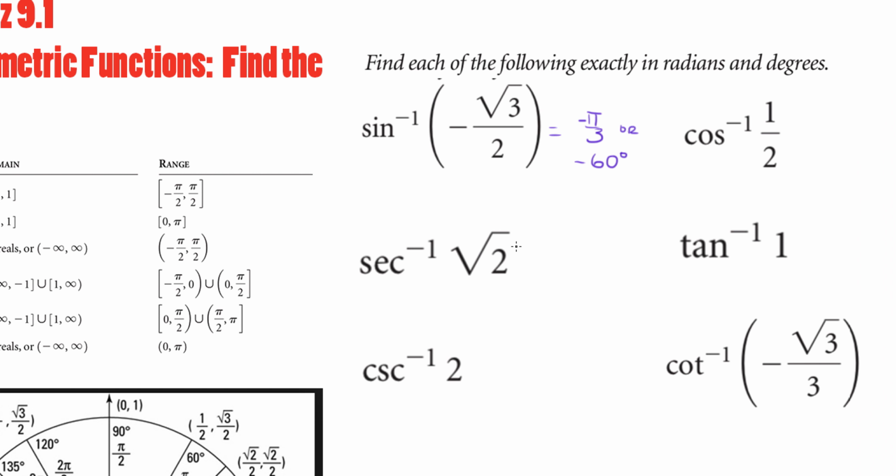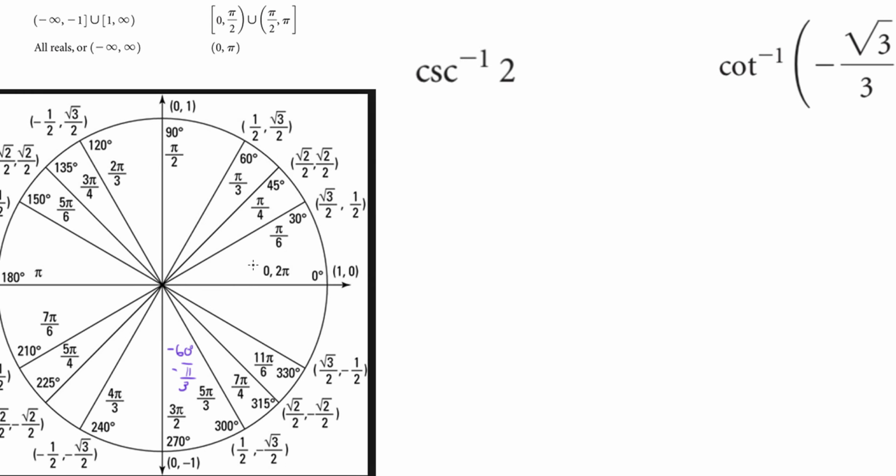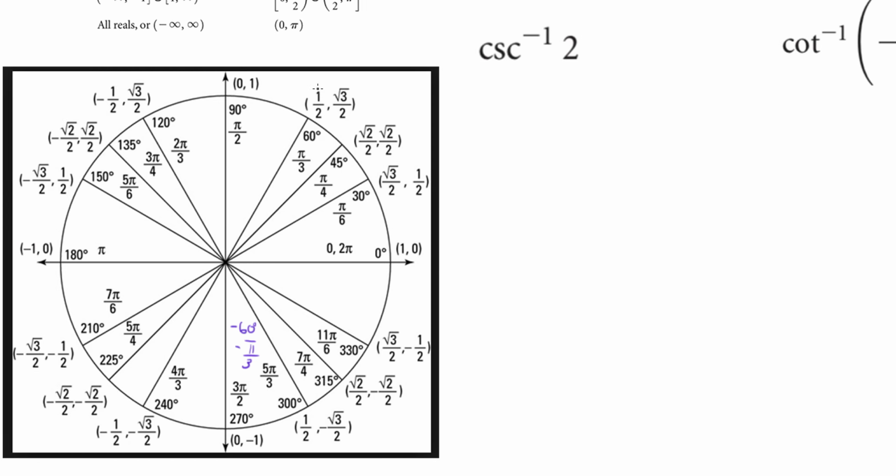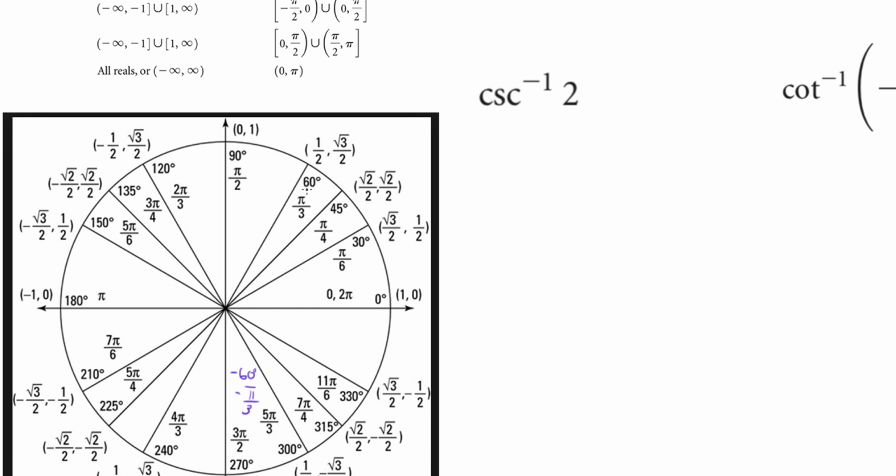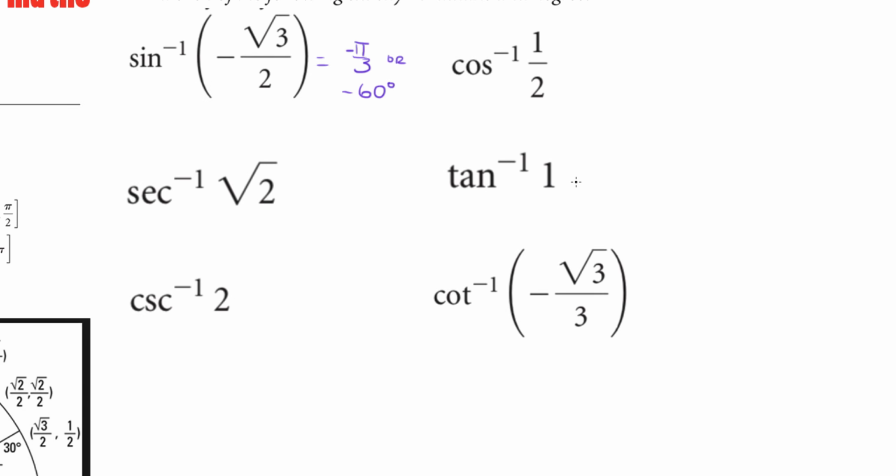So whatever x coordinate has 1/2, it has to be inside that range. Now, as you can see, we have it here, and we also have it here. But this quadrant is not part of the range, only the first one. So the answer is going to be pi over 3 and 60.